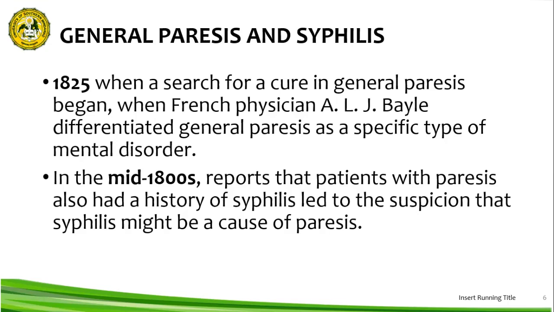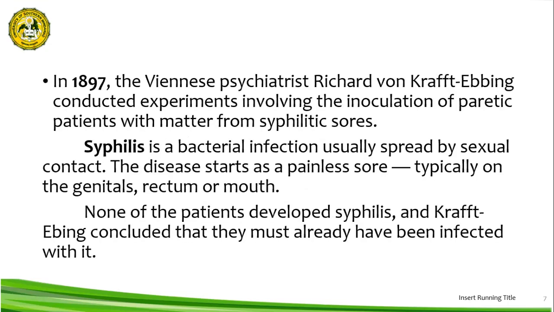In the mid 1800s, reports that patients with paralysis also had a history of syphilis led to the suspicion that syphilis might be a cause of paralysis. Now let us look at 1897, when Viennese psychiatrist Richard von Krafft-Ebing conducted an experiment involving the inoculation of paralytic patients with matter from a syphilitic source.